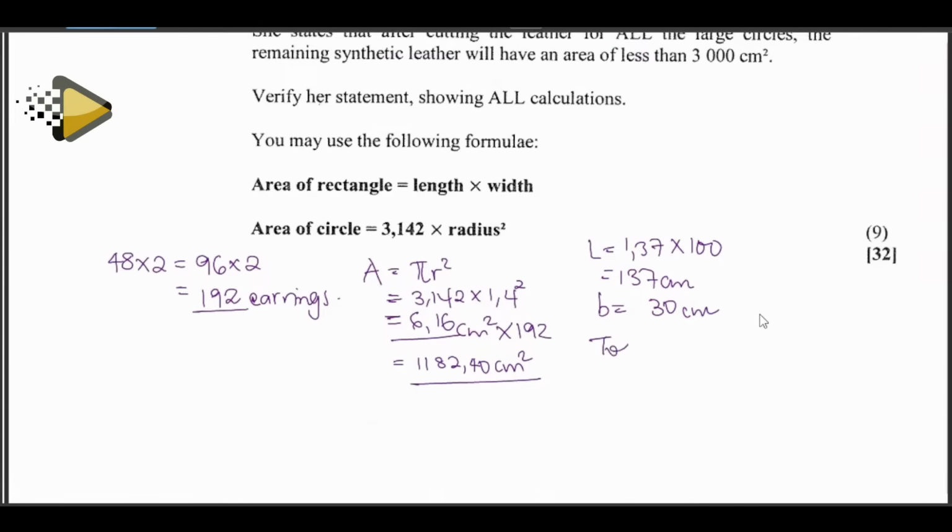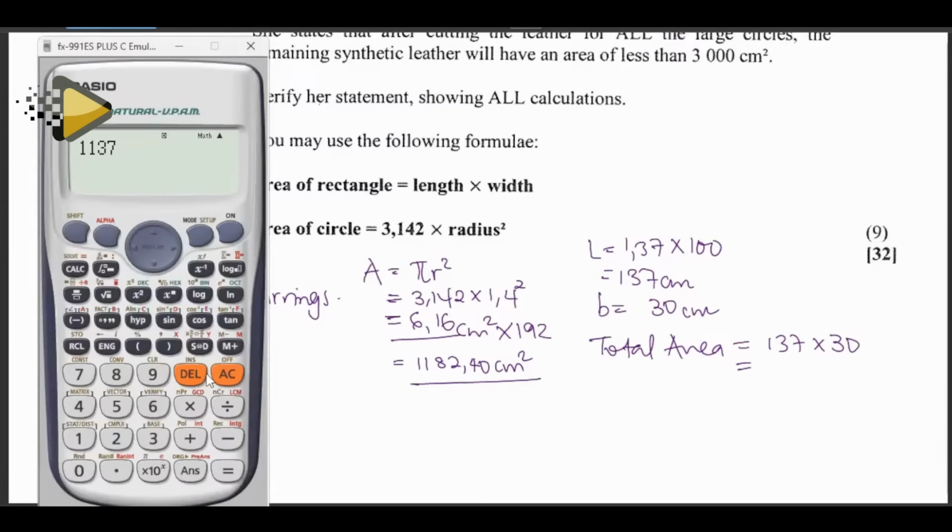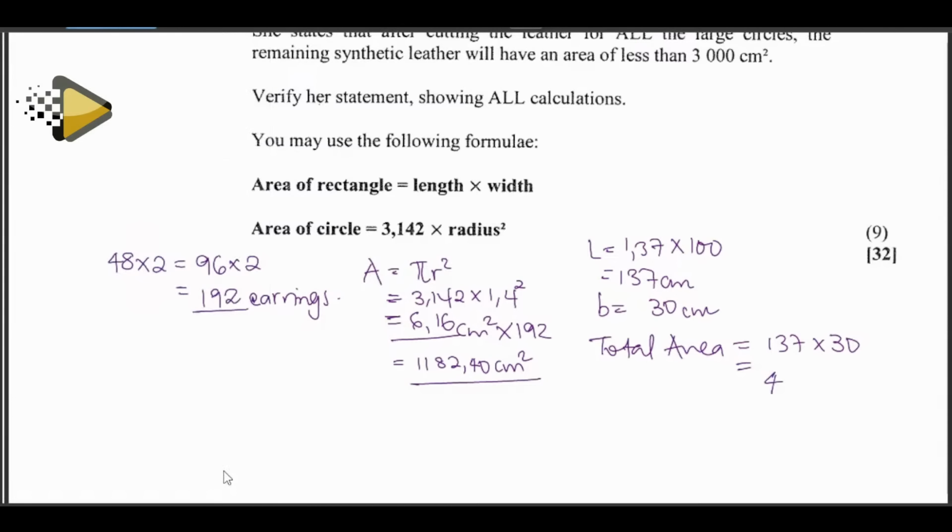So the total area that was bought is going to be 137 times 30. You have 4,110 centimeters squared. Now, of this, we are going to remove this much.